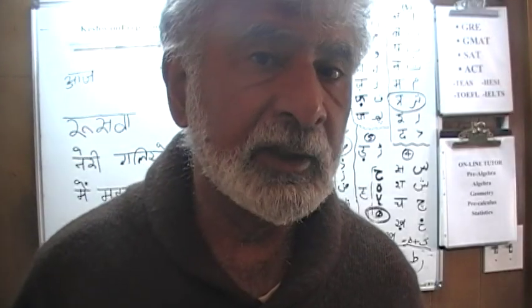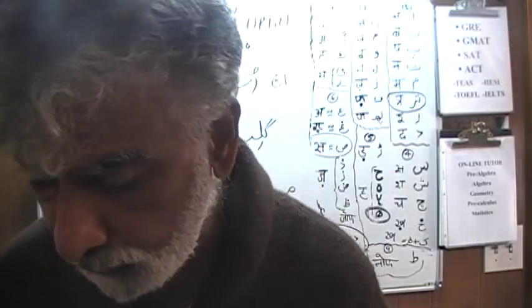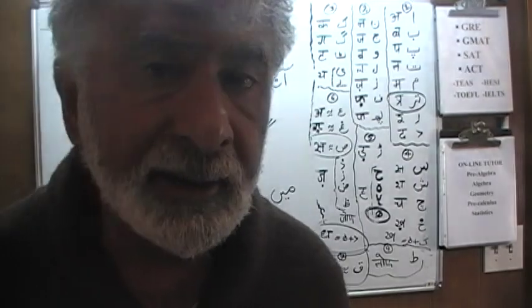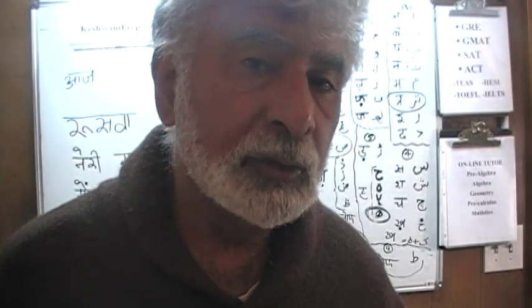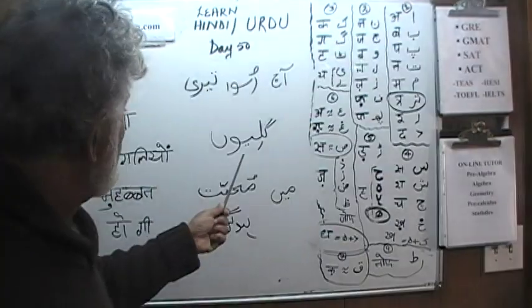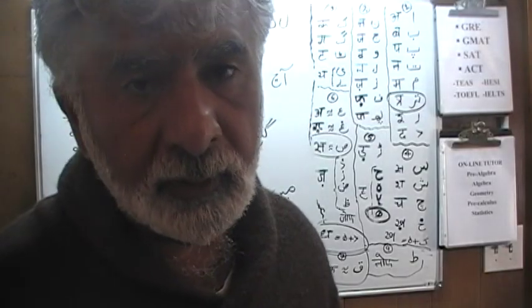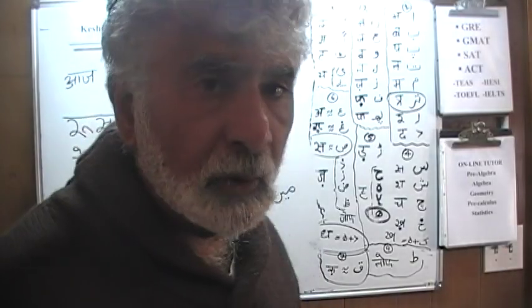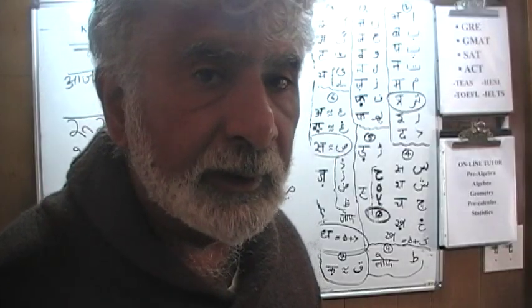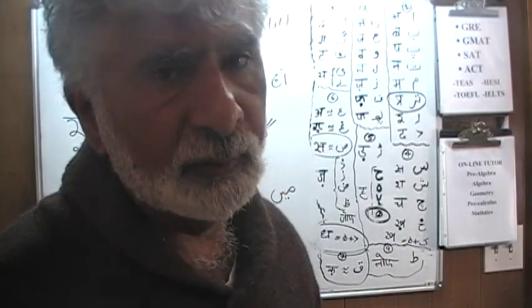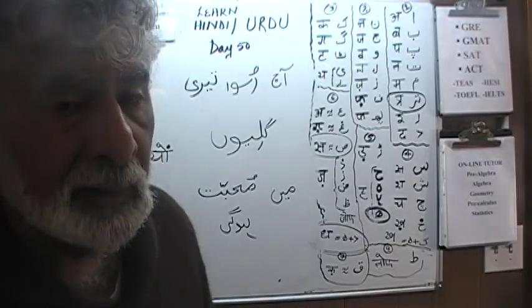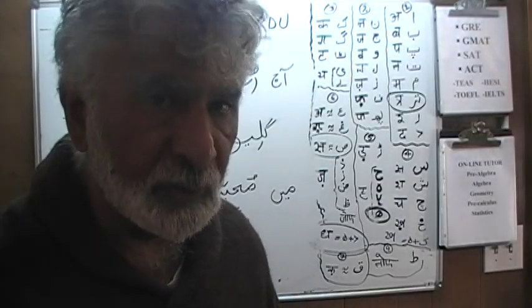Mohabbat badnaam ho jayegi. You will give love a bad name. Today, in your neighborhood, gali means neighborhood, side streets, where people live, galiyan. In your neighborhood, you will give love a bad reputation.